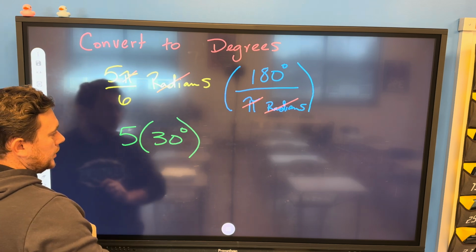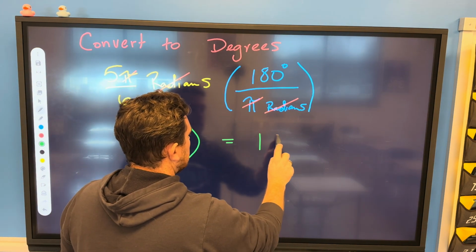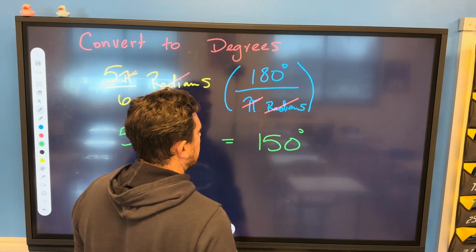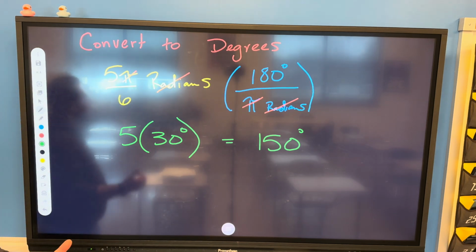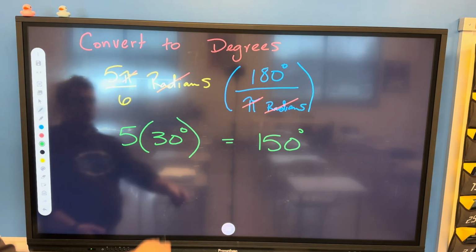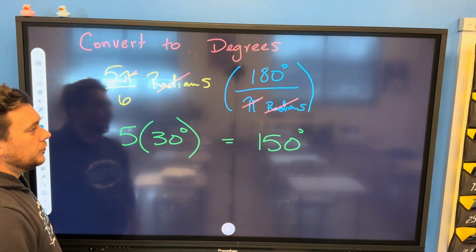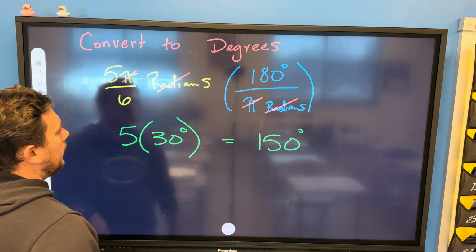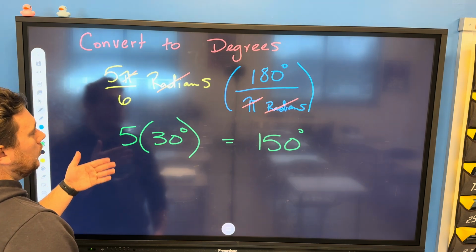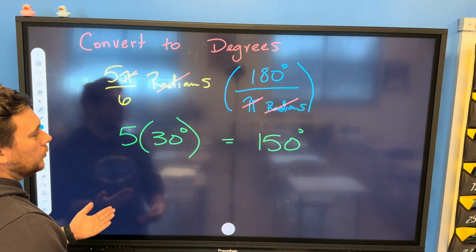And 5 times 30 degrees is 150 degrees. Okay, so 150 degrees is equivalent to 5 pi over 6 radians. This is the way that we can convert back and forth between them. It's either pi over 180 or 180 over pi, depending on which thing we're doing. Okay, that is our regular conversion.